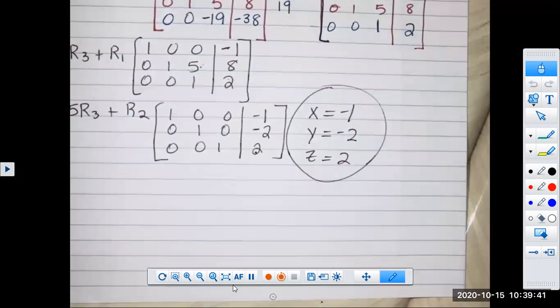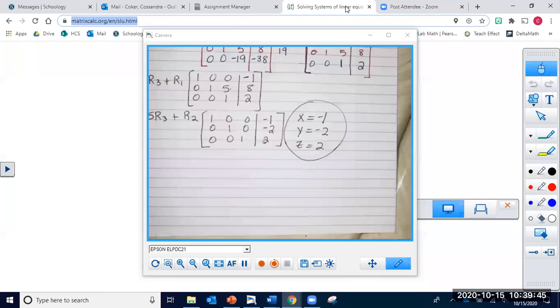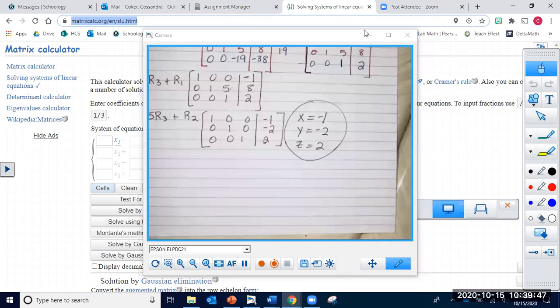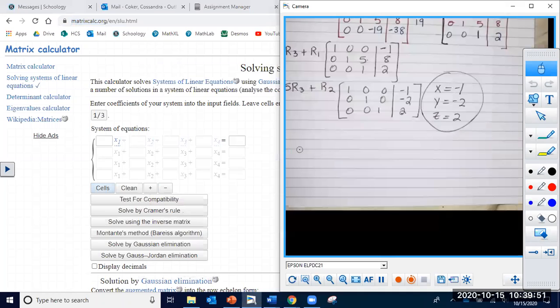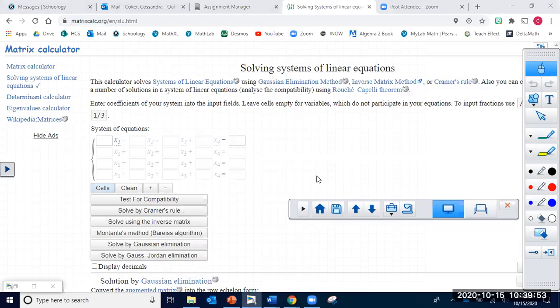All right, let me jump out real quick and show you this link. I've got it written here as well on the board, but it's posted in your Schoology. And you simply go and type in all your coefficients.